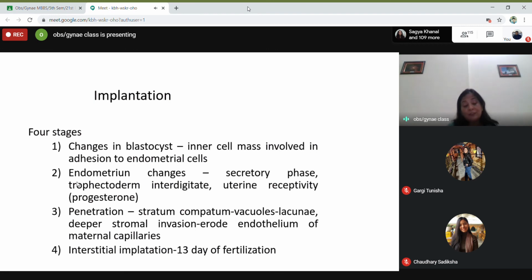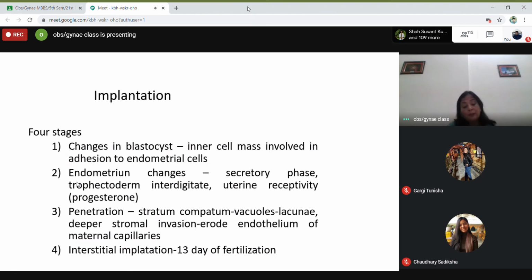This enters into deeper stromal invasion and erodes the endothelium of the maternal capillaries, so the blood comes out from it and fills the vacuoles, called lacunae.